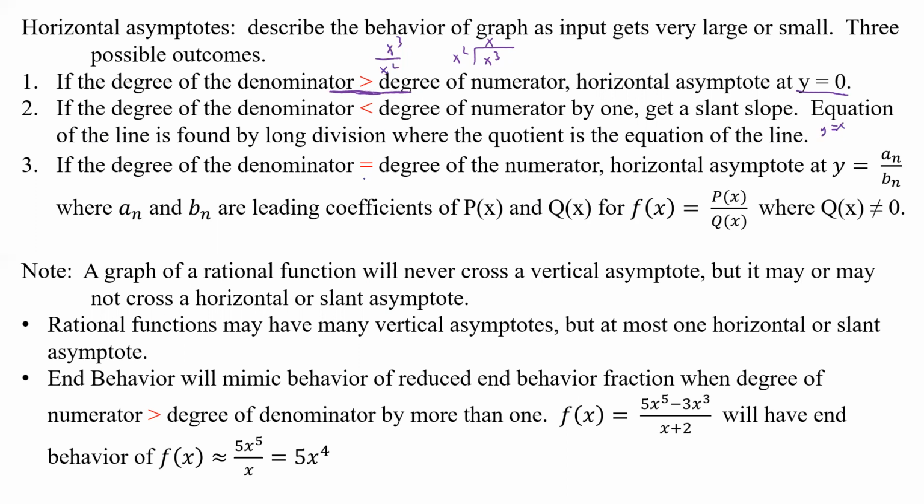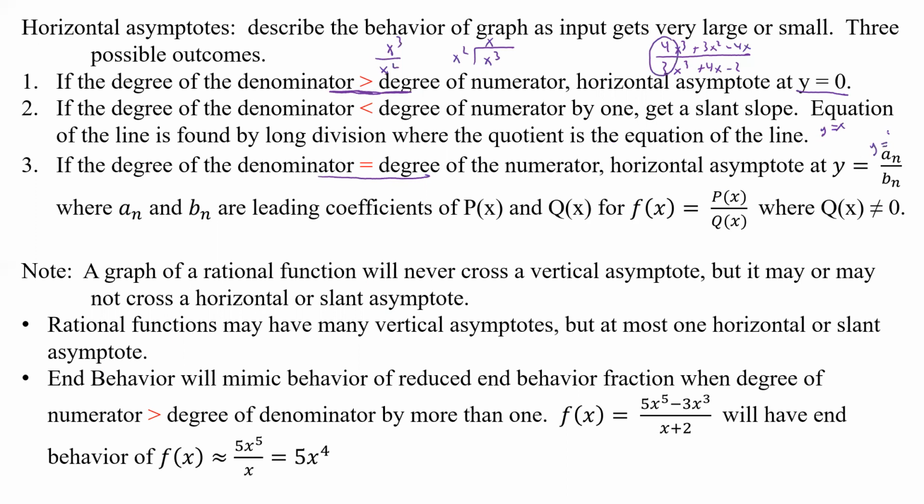Now, if the degree of the denominator equals the degree of the numerator, we get a horizontal asymptote at y equals a sub n over b sub n. In that case, maybe we have 4x cubed plus 3x squared minus 4x up here, and 3x cubed plus 4x minus 2 down here, and those are our two polynomials. If those degrees are the same, x cubed, then we just take our leading coefficients, which in this case is 4/3.